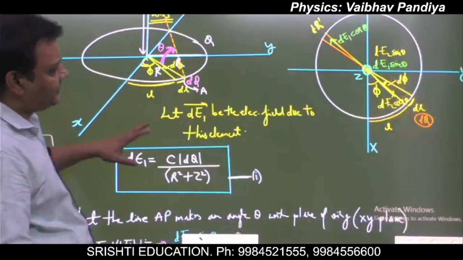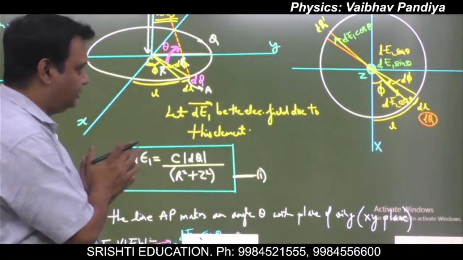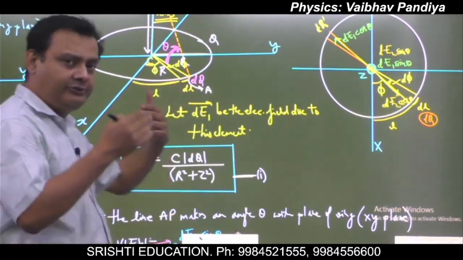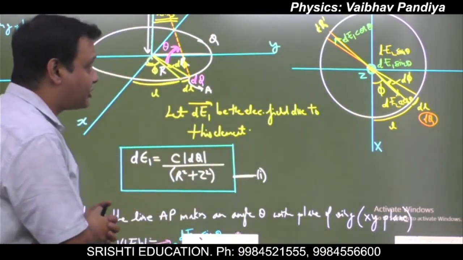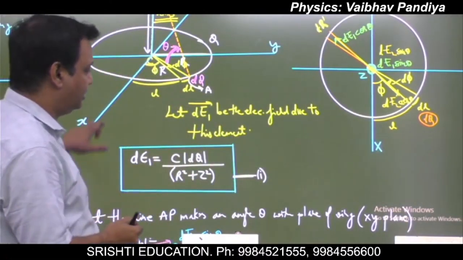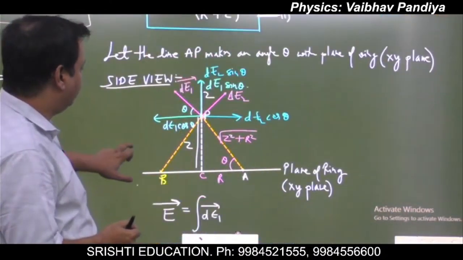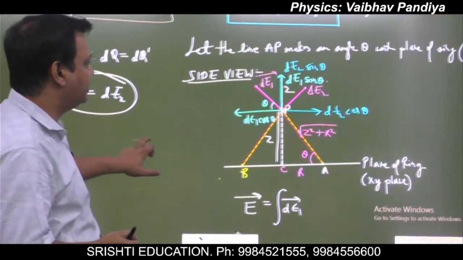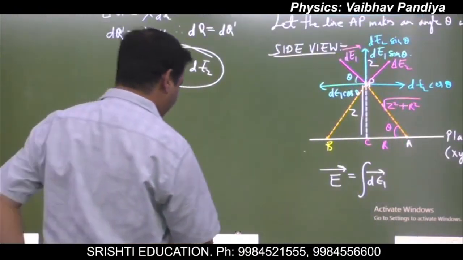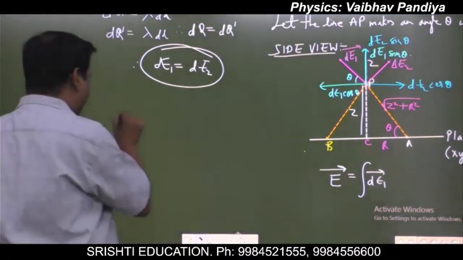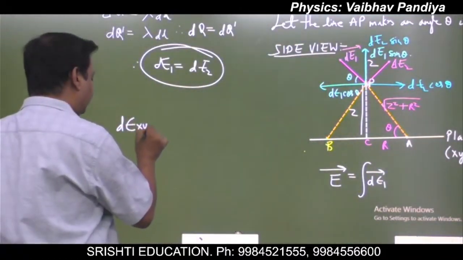Now see, in the xy plane, we have two components which are opposite to each other, dE1 cos theta and dE2 cos theta. And we have seen dE1 is equal to dE2. So what will be the net field component in the xy plane?